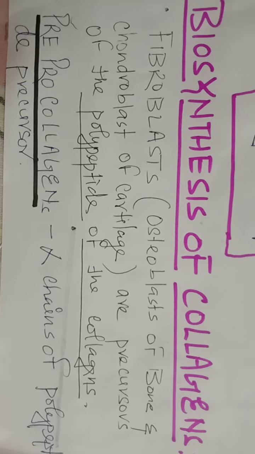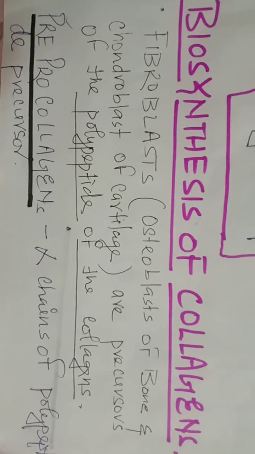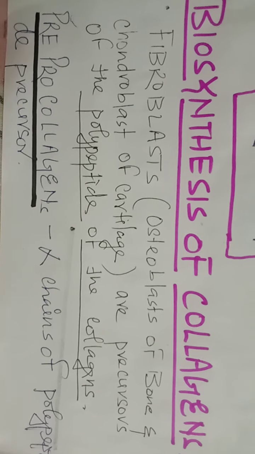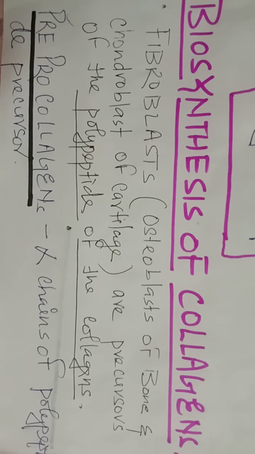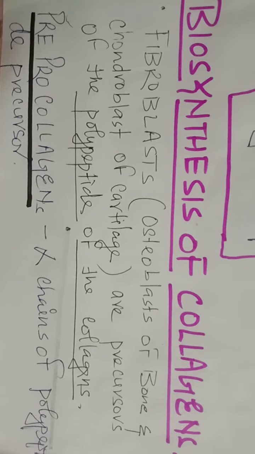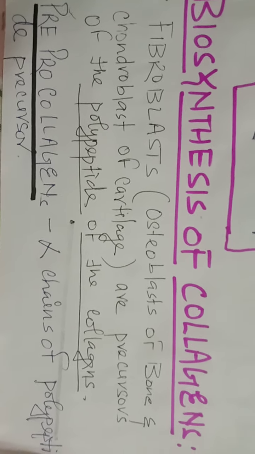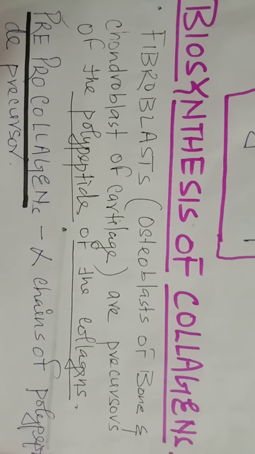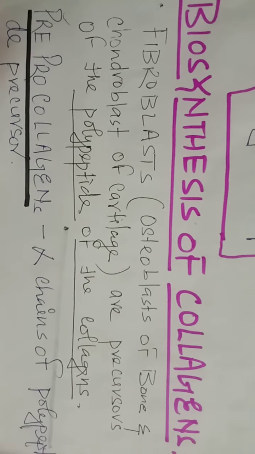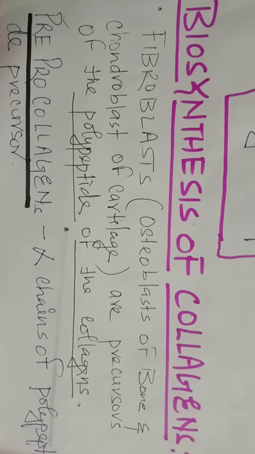There is need of a precursor, and no doubt the precursor will be some particular type of biomolecules or cells. Here, fibroblasts are the precursor for the synthesis of the collagen.